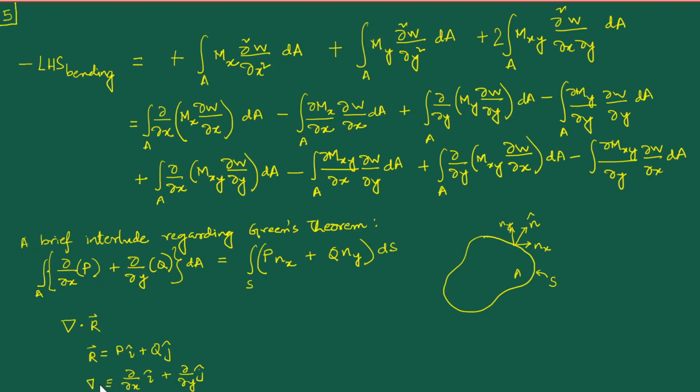So if you take the divergence of this r vector, so del dot r or grad dot r, you are going to end up with this thing here. And on the right hand side, what we have written is basically r dot n. So this is what we are basically writing.